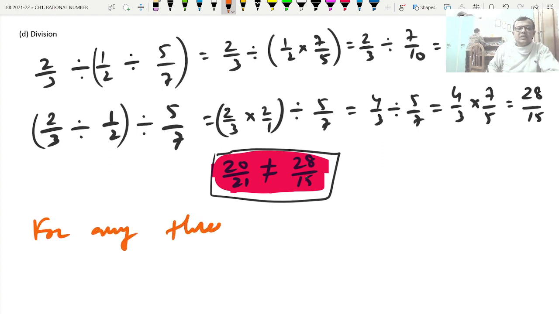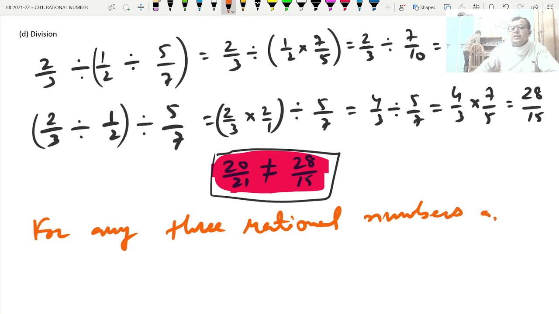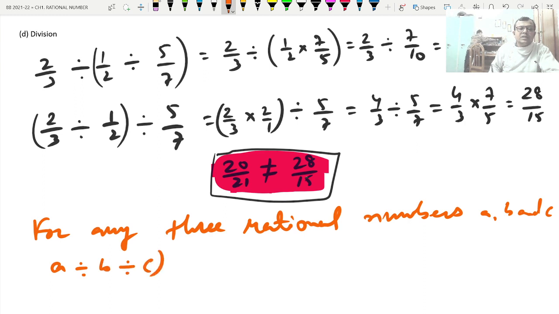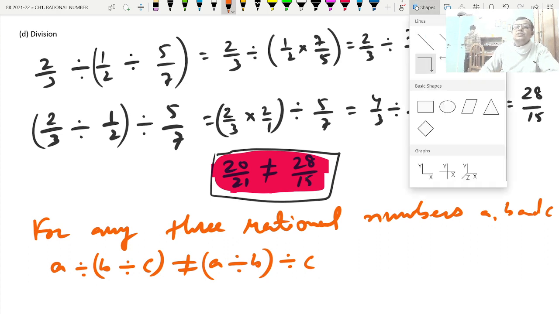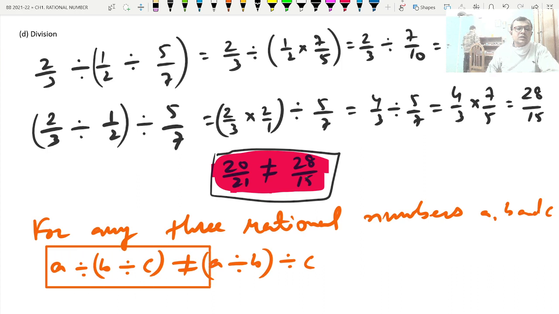Hence, therefore, for any three rational numbers A, B, and C, A divided by B divided by C is not equal to A divided by B divided by C. Okay, they are not equal.